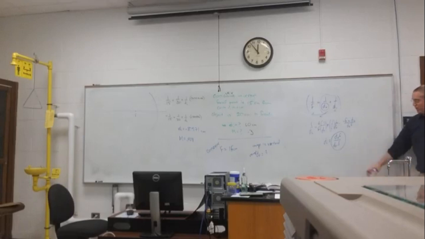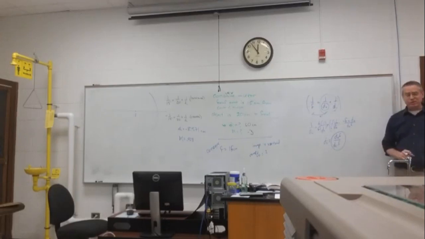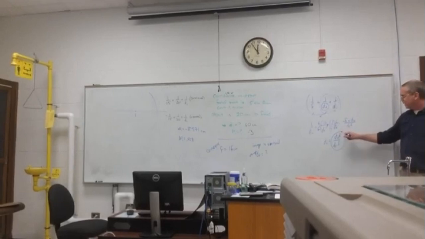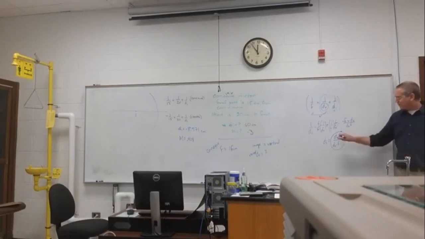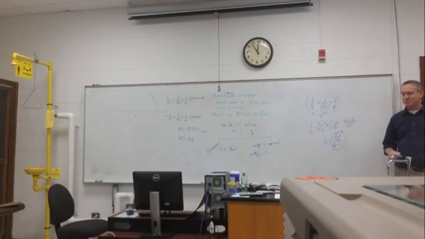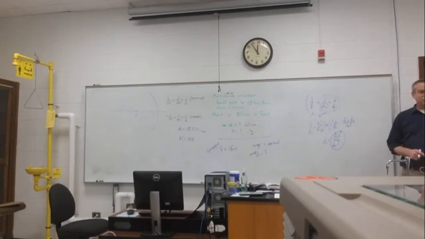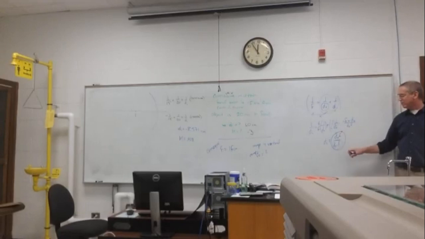Sorry about that. All right, so when is this fraction going to be negative? Is F positive or negative? Positive. Yeah, it's a concave mirror, so F is positive. The object distance, we have an object sitting in front of it. Is the object distance positive or negative? Positive. It's positive also. All right, I have this thing on the bottom here. In order for this whole thing to be negative, what do you know about the denominator?